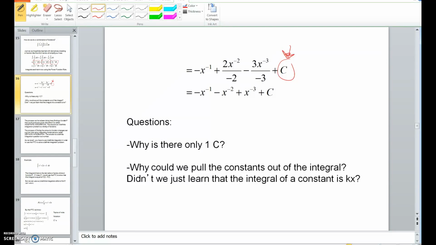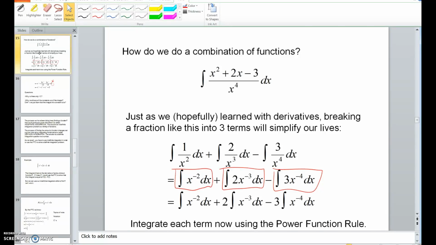So when we look back on this slide here, notice that from this step to this one, I pulled the 2 out of the integral and put it out front. That's allowed because if you think back to what we're actually doing, let's say this is square root of x, and then this function is 2 square root of x.